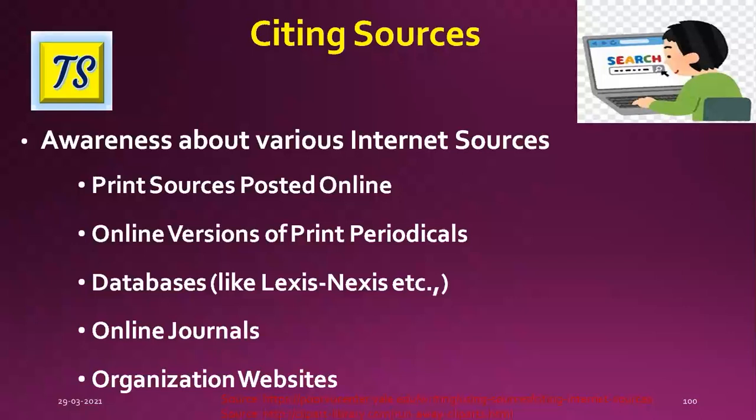When I refer to the printed version, sometimes if it is transferred into the online format, these sources need to be mentioned. Do not forget. That's why they are differentiating the online versions of printed periodicals. The databases, various databases you access and you refer.